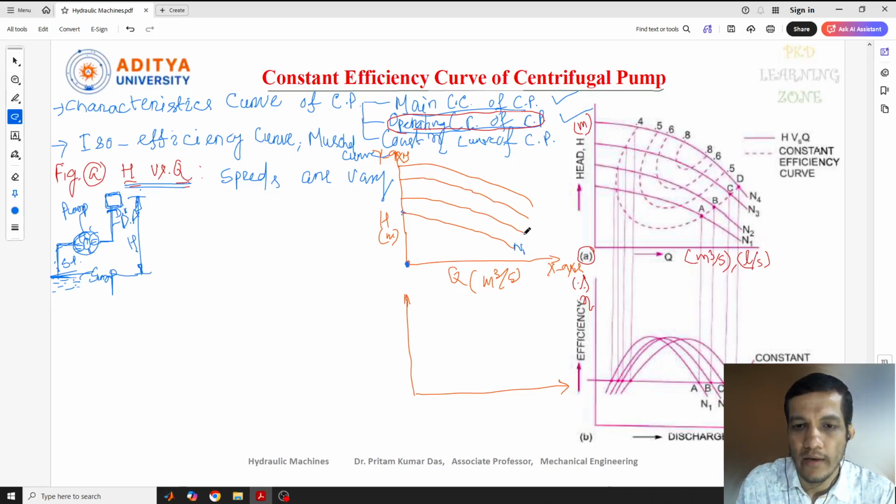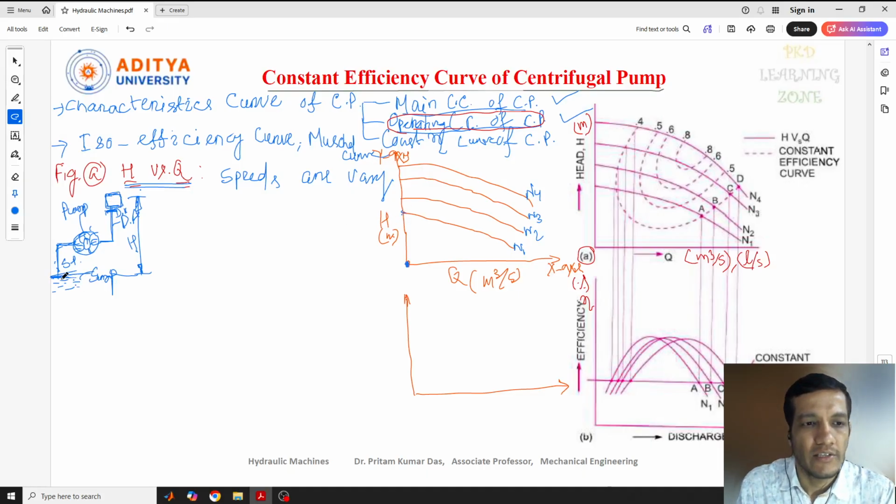And this is for n1, n2, different speeds. When the delivery pipe is closed, the liquid reaches the maximum height, and that is this one.